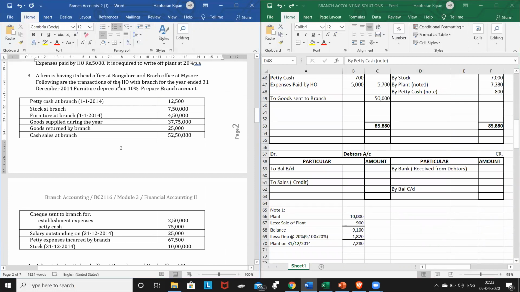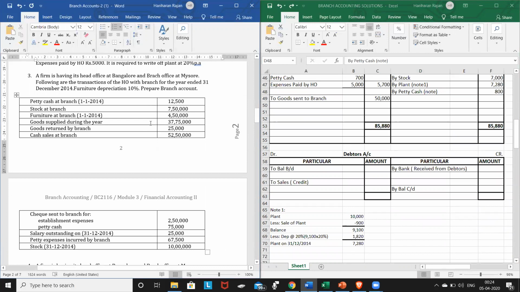Following are the transactions of the head office with the branch for the year ended 31st December 2014. Depreciate furniture by 10%. Prepare branch account. Petty cash at branch 12,500. Stock at branch 7,50,000. Furniture 4,50,000.